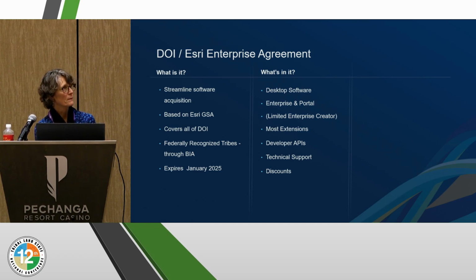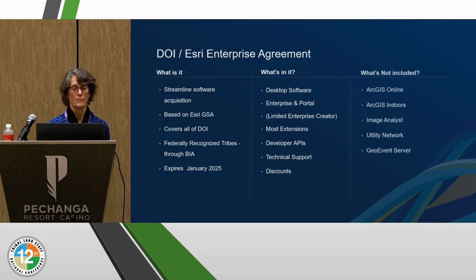There is some limited number of Enterprise Creator licenses, which if you have questions around that, give us a chat, come by the booth. As I said, it includes most of the extensions, the developer APIs, technical support, and then there are discounts that are associated with the GSA schedule, and they're discounts off of the GSA price.